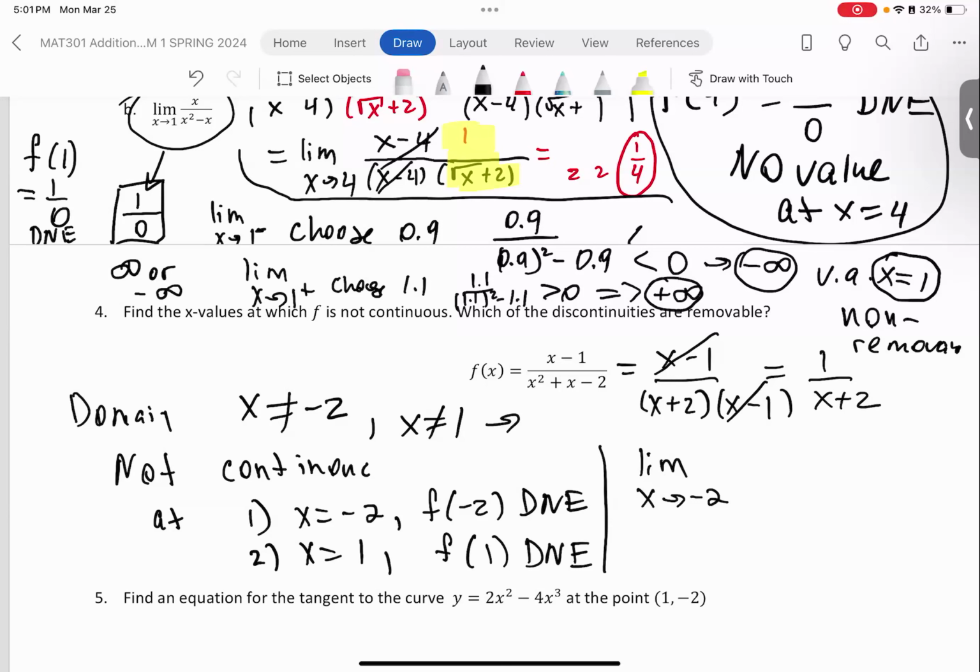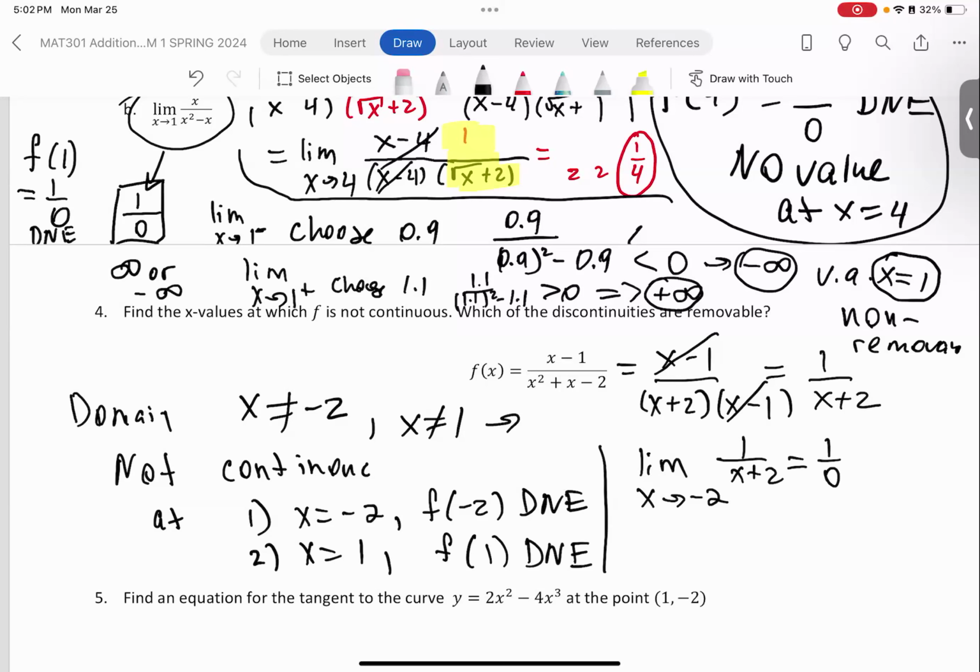Because if you plug in -2, what do you get? You get 1 over 0. First of all, it's still not 0, and it would still not be a good thing to say that it's 0, because it's not.